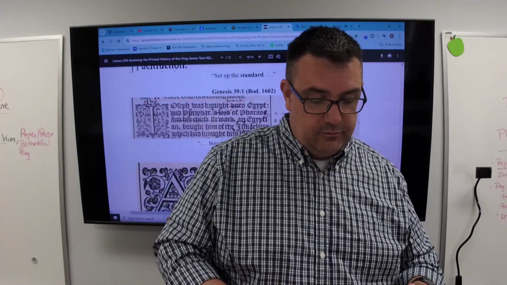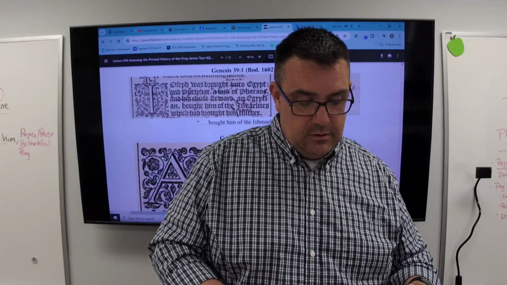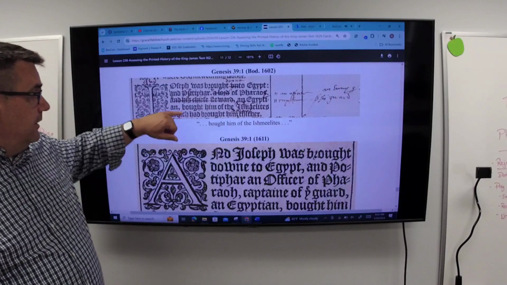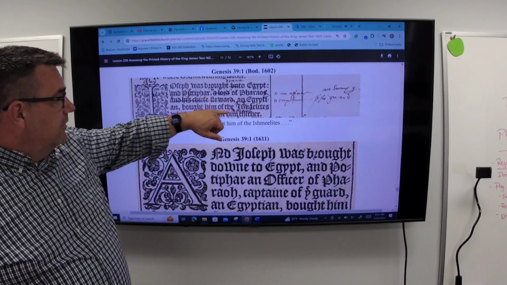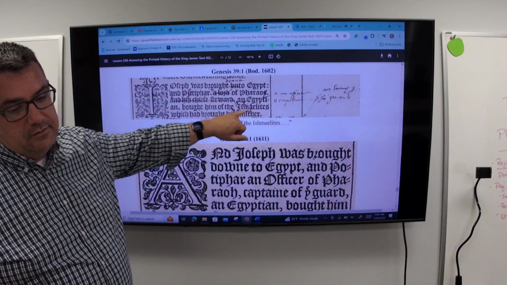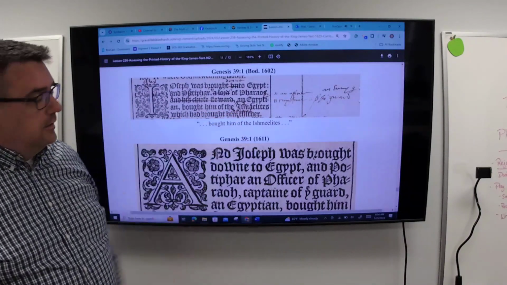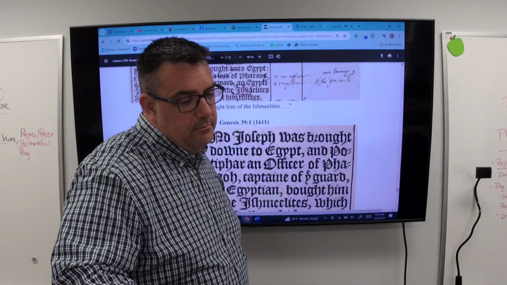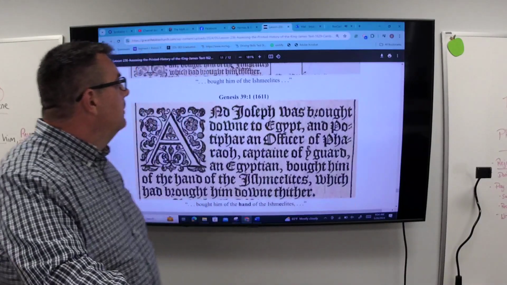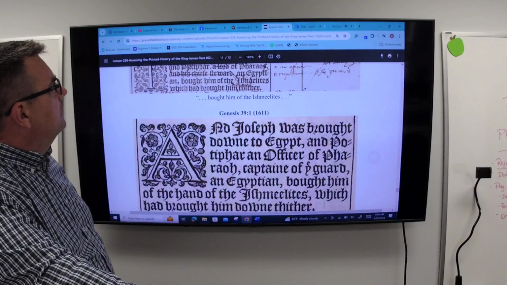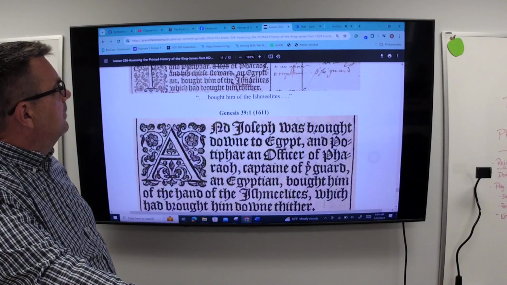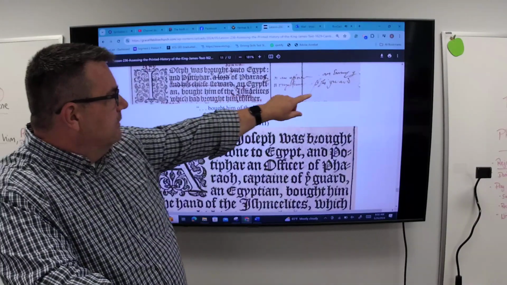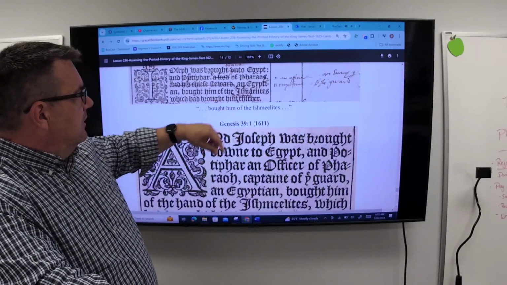Genesis 39, verse 1. Notice we're talking about here, "brought him of the Ishmaelites." Then if you look at the 1611, oh wait, there's an insertion here of "hand." No, wait a minute.